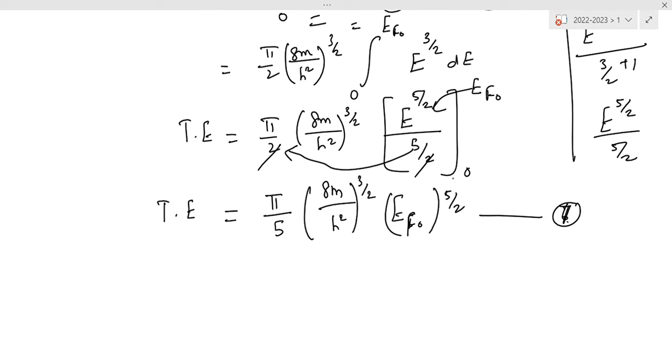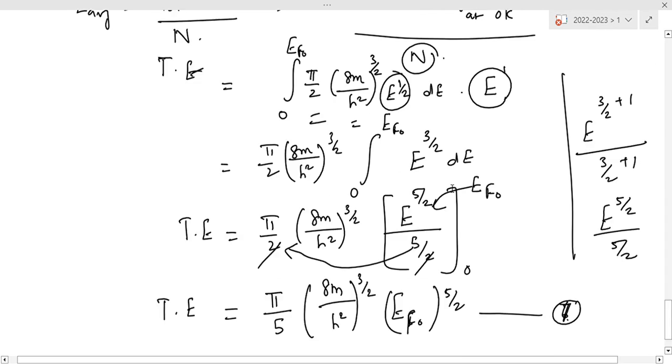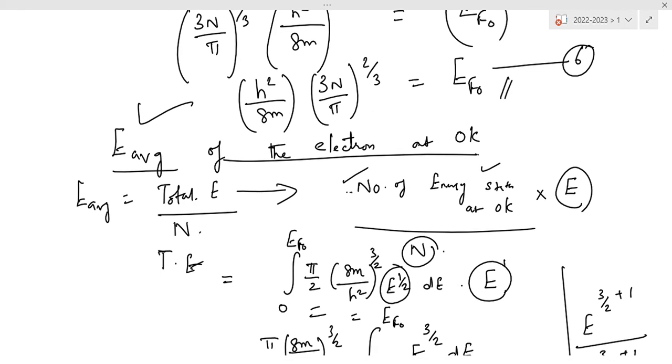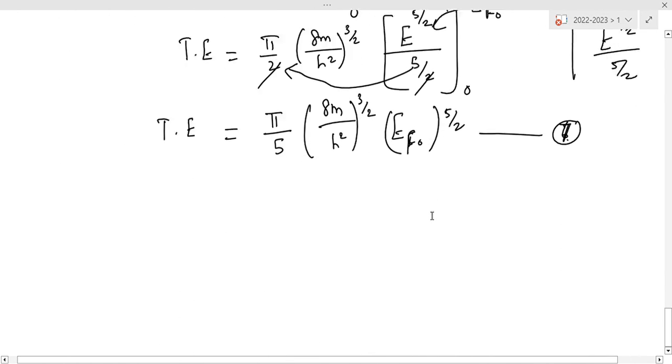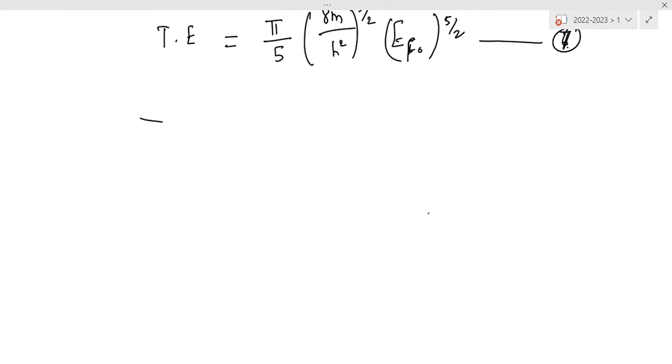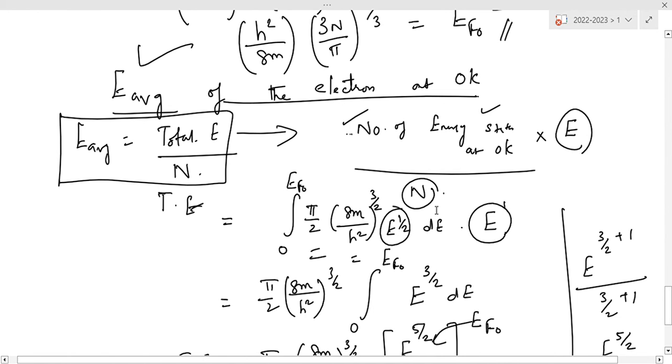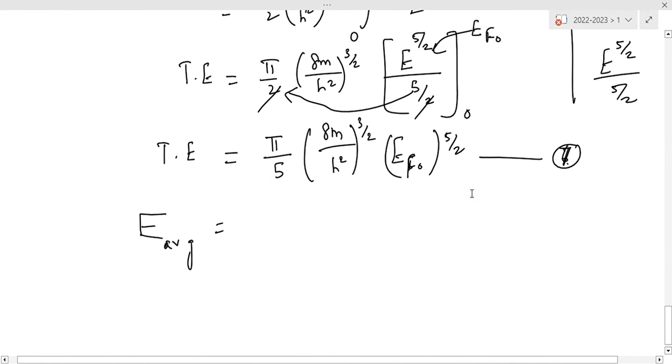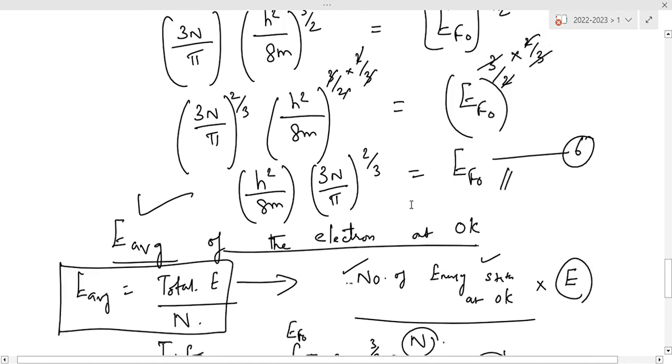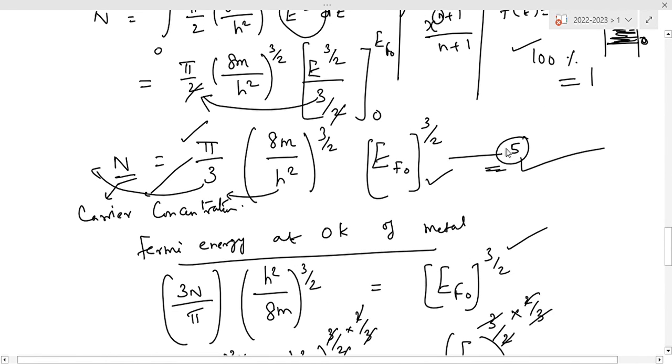Equation number 7. So we are here to find the average energy of the electron at 0 Kelvin, and this is the formula. Average energy is equal to total energy of the electrons at 0 Kelvin divided by the number of electrons. So E average is equal to total energy, which we have derived just now, and the number of electrons is equation number 5.